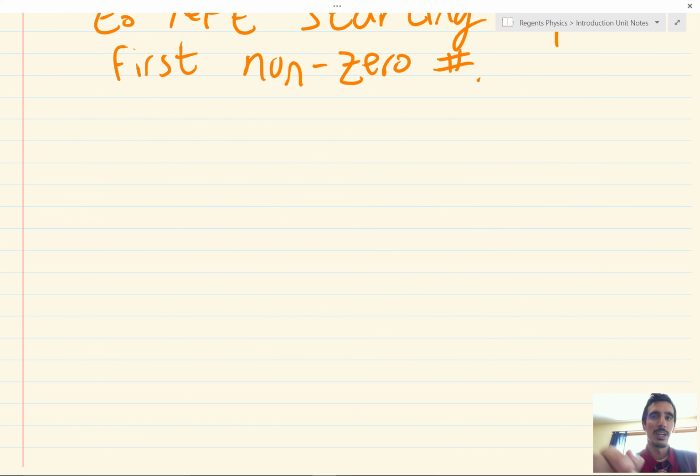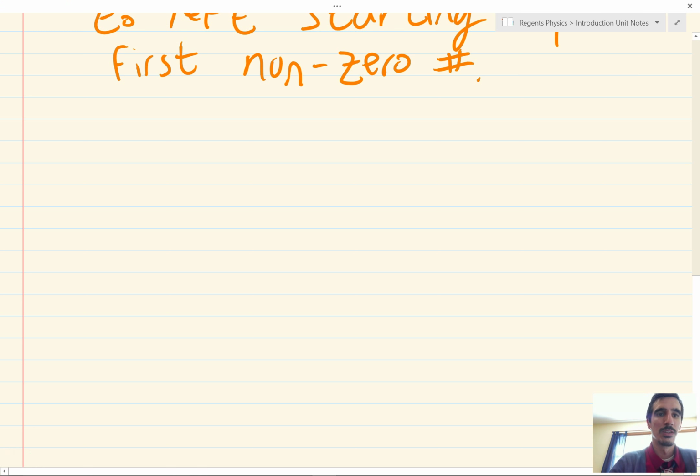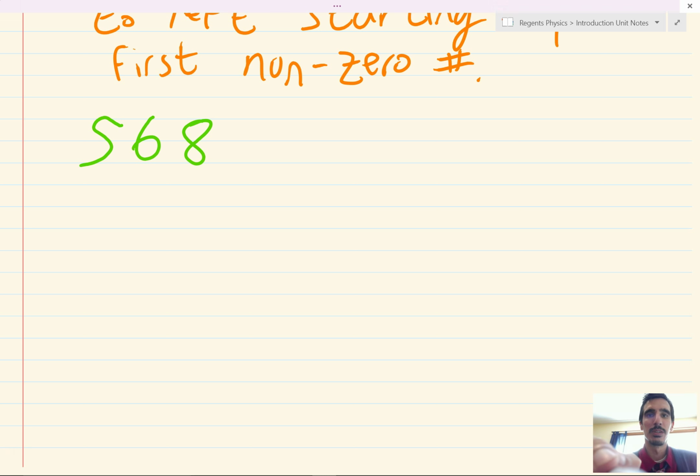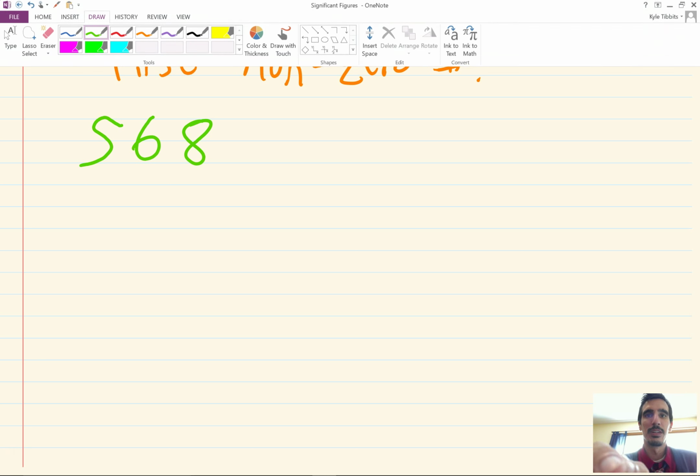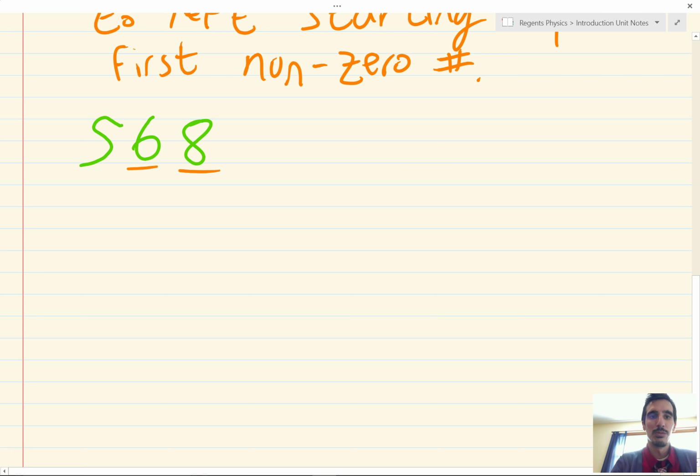Okay, so let's do some example problems counting Sig Figs. Let's look at the first one, 568. There's no decimal, so we count from right to left, starting at the first non-zero number, the 8. 1, 2, 3. So there are 3 Sig Figs.